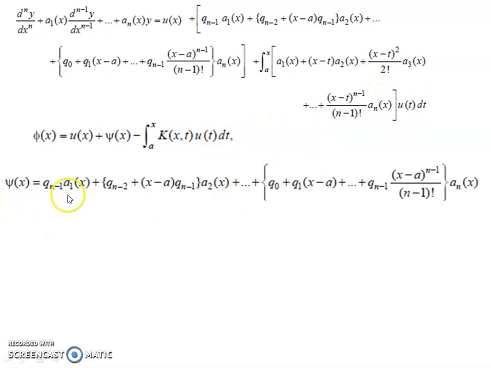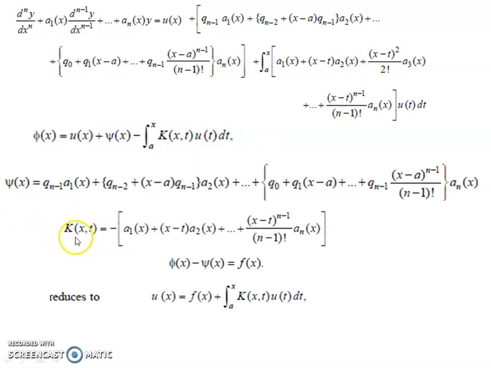So just see, I take phi x and psi x, and kxt is the kernel. I take it here with a negative sign because here it is positive, so negative and negative becomes positive, and phi x minus psi x is equal to ux.